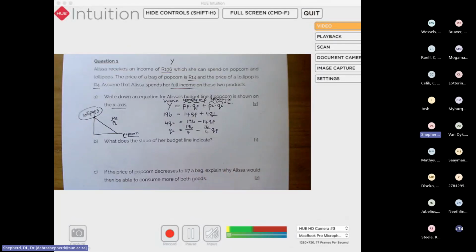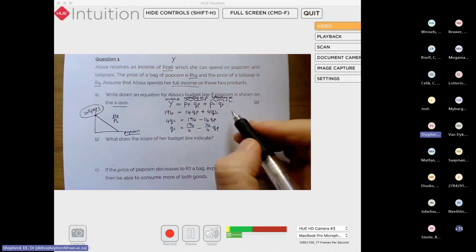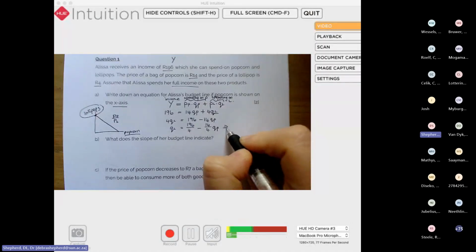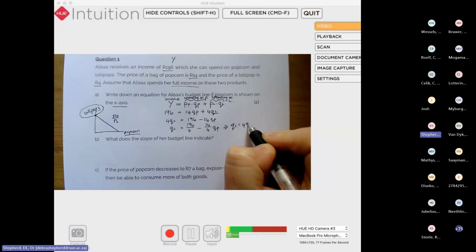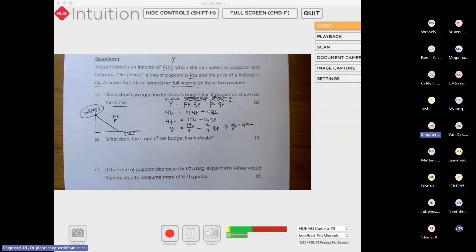I can leave this answer like that, but if you do want to simplify it, then we would take 196 divided by 4, which I think is going to be 49, if I'm doing the math in my head correctly. Yeah, 49. So QL is 49 minus, and then 14 divided by 4 is going to be 3.5 QP. So that is the equation of her budget line.